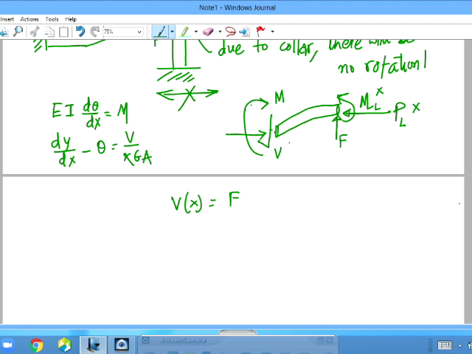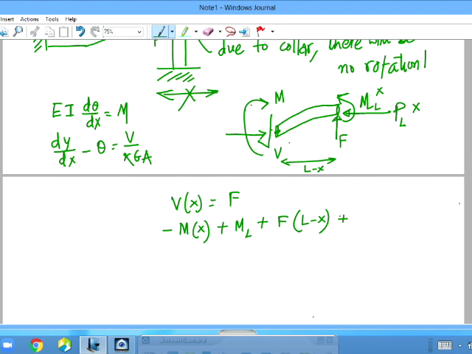Let's do moment balance about this point. So we have minus M(x) plus ML plus F into (L minus x), isn't it? Because this length is L minus x.